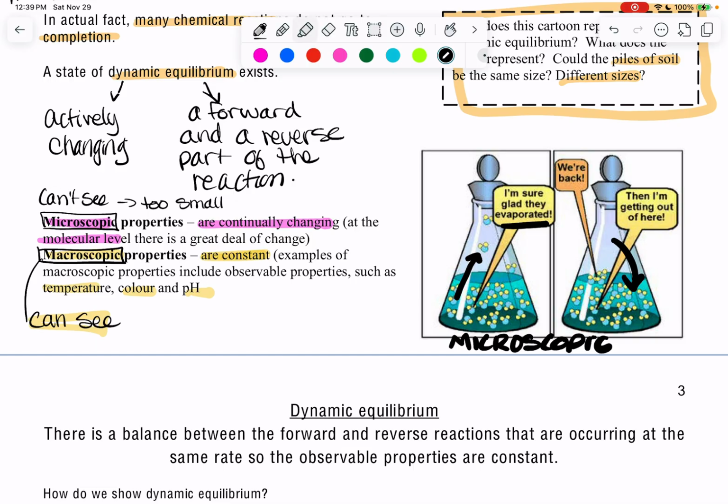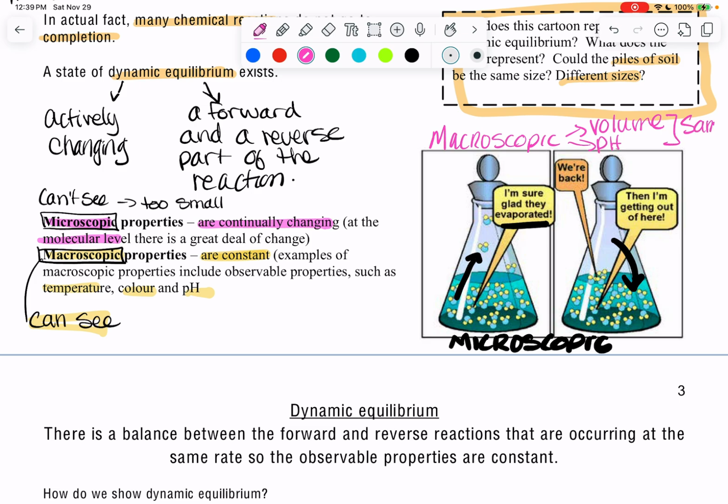But the macroscopic changes, like volume or pH, are the same, because this is a closed system.